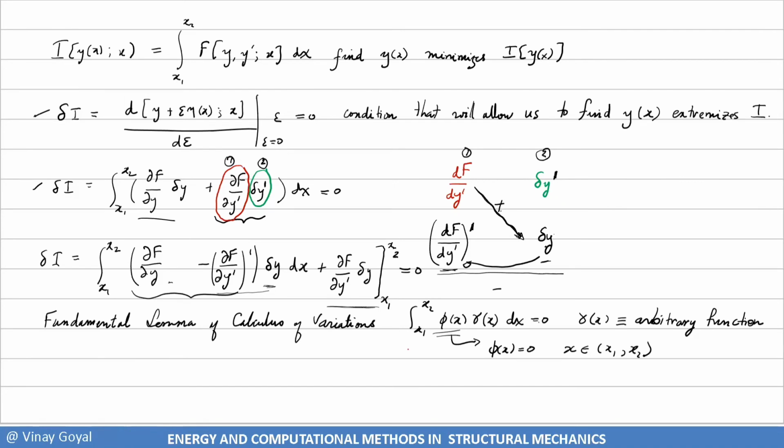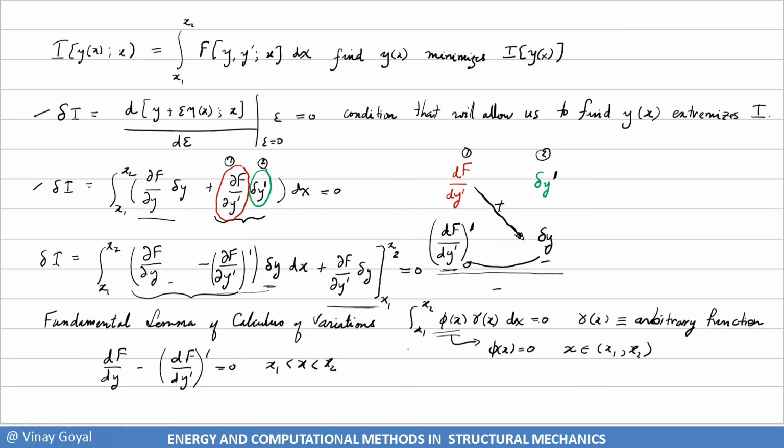So therefore, I have no choice but to set this equal to 0. That's my only choice. And this is true between x1 and x2. So that's what the fundamental lemma of calculus of variations tells me needs to be the case.